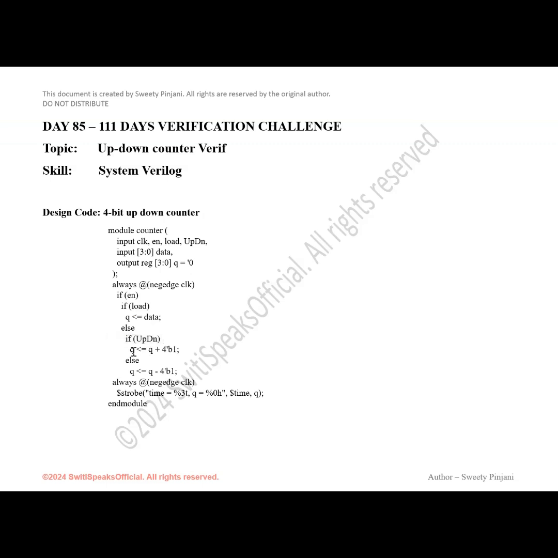That is why, if you see Q, I am incrementing the value by 1. Otherwise, if up_down is not 1, then it means it's 0, and at that time I'm decrementing the output Q. And then at the negedge of clock, I'm displaying the value of Q.